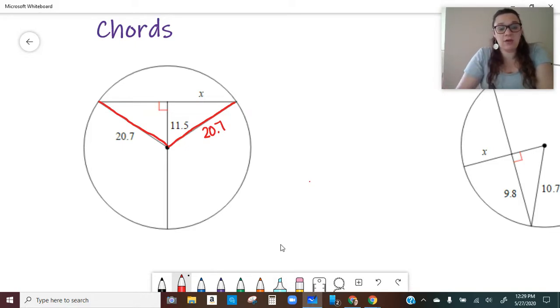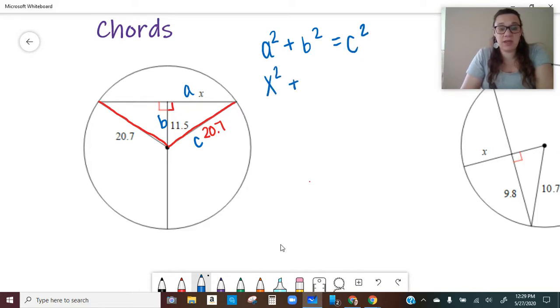So now I can use this right triangle, because this is also a right angle, to use Pythagorean theorem, where I've got an A and a B as my legs, and C as my hypotenuse across from the right angle. So let's jump in and use that to solve this problem. It'll be pretty straightforward after you fill in the stuff. So A in our case is X, B in our case is 11.5, and C is 20.7.